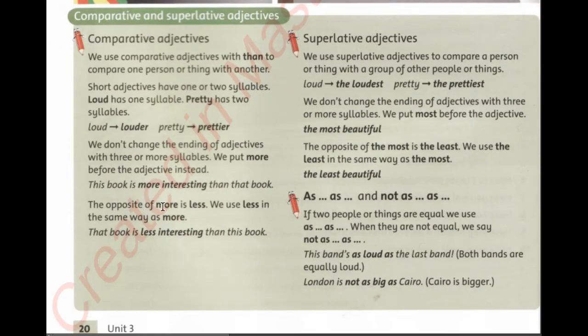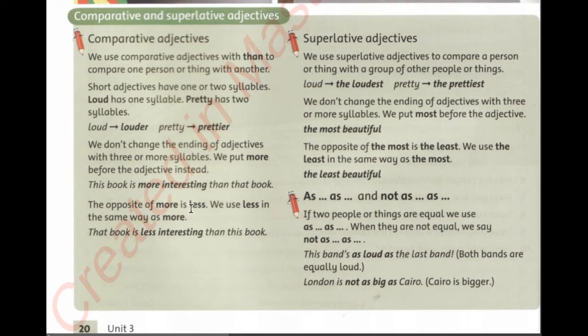So the opposite of more is less. The opposite means, for example, she is less beautiful than this girl. He is less handsome. Handsome, actually yes, less handsome we can say, but handsomer, more handsome.